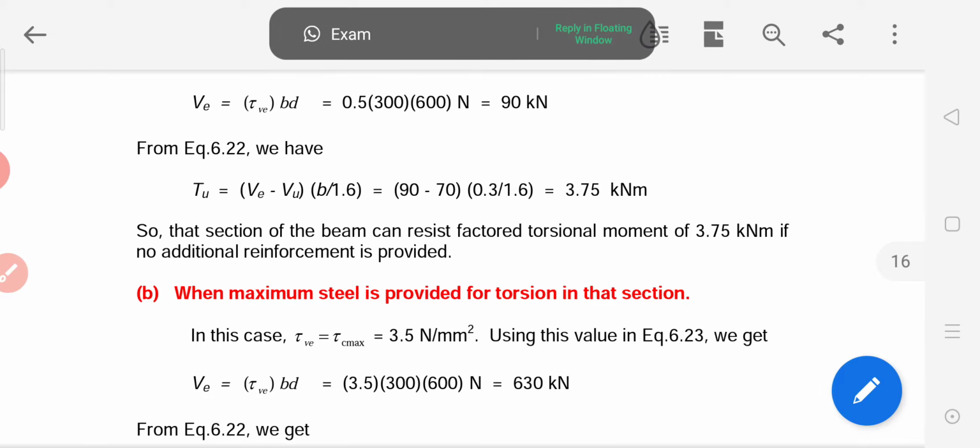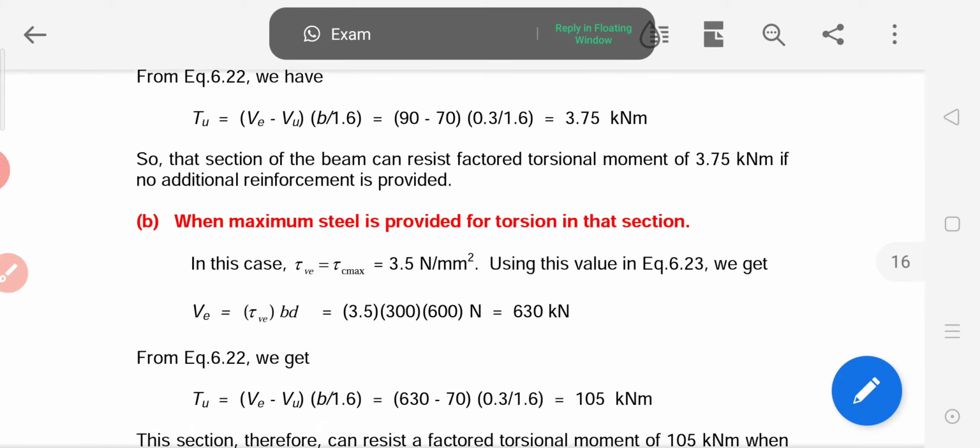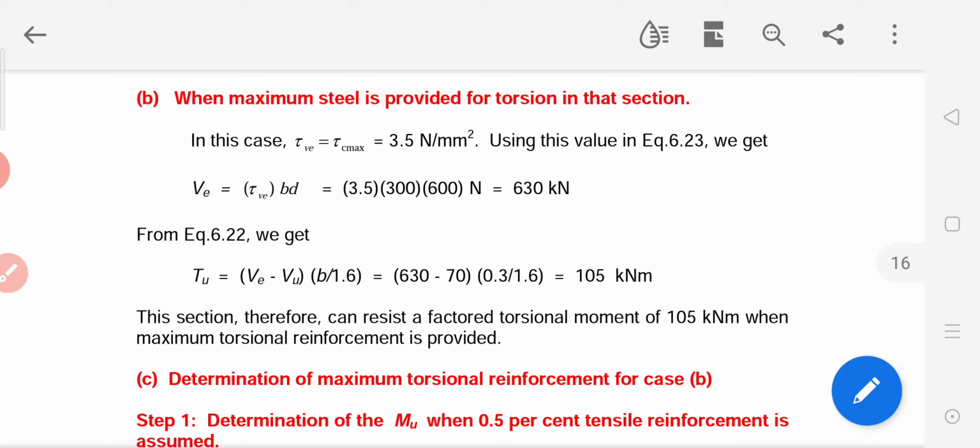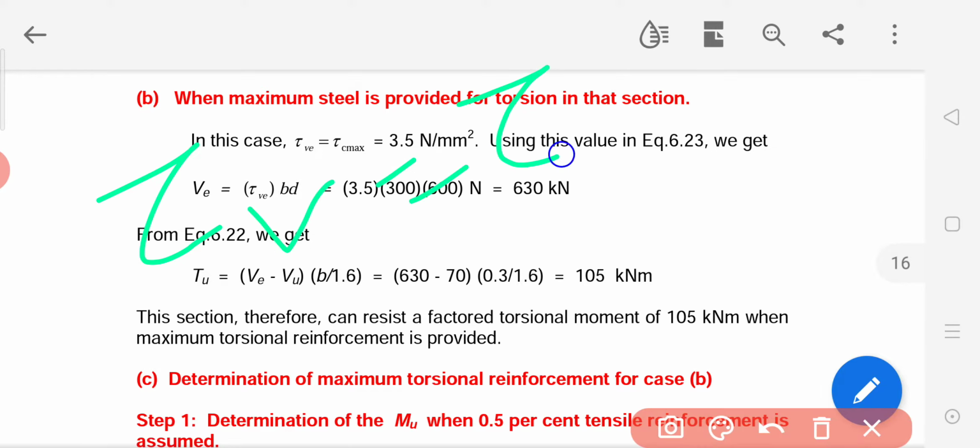Next is when maximum steel is provided for torsion in that section. In the previous case, part A, tau v equal to tau c.